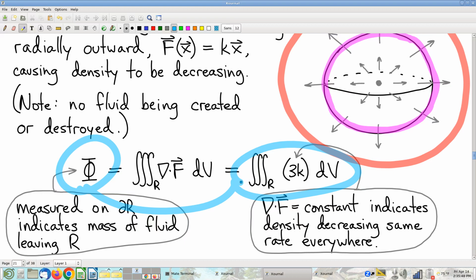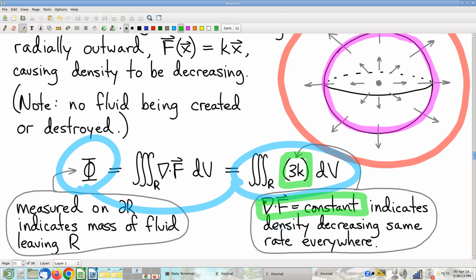And so what does the divergence mean in this case? What does this mean? The fact that it's constant, what does that mean? Well, divergence is again telling you where all this mass loss is coming from. Right? We know we're losing mass. You can see the mass leaving out through our purple sphere. There's less and less mass remaining on the inside.